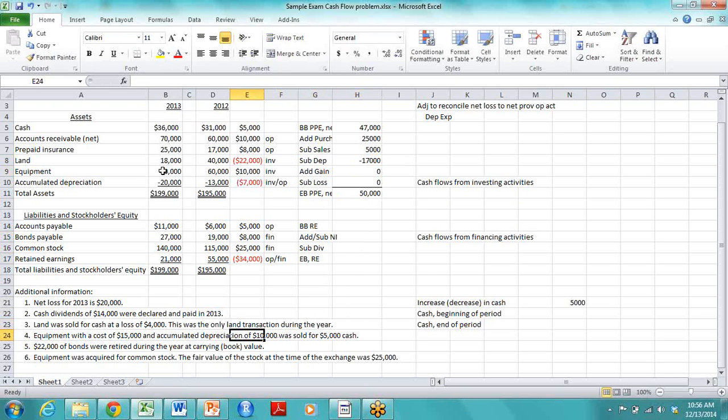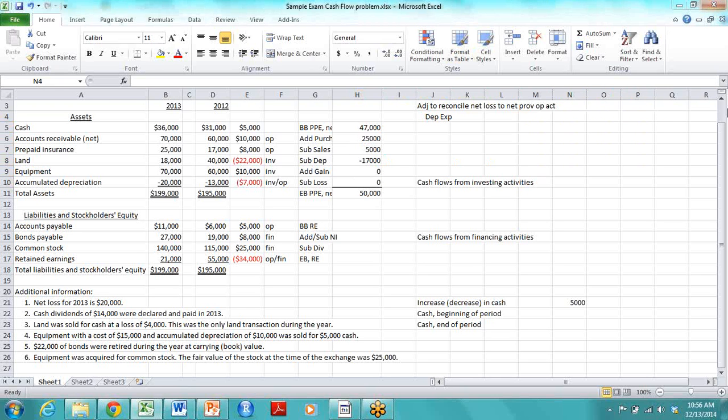You could say that this change in accumulated depreciation, if there was no sale or anything, in and of itself would be our depreciation expense. But we had a sale where we removed $10,000 of the depreciation, so we have to take this change plus the $10,000, and that's going to be our total depreciation expense for the period. And that's how we figure out what our depreciation expense is.